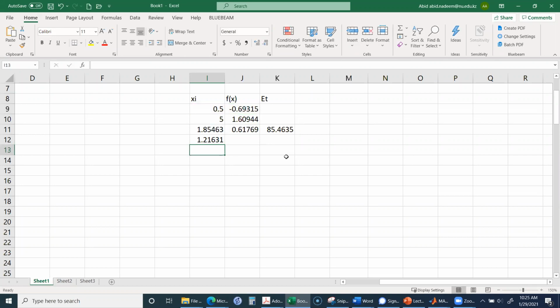Okay, so now I apply this and I get this value, and the true percentage error is now about 21%. You can see that the true percentage error is decreasing, but not very rapidly in this case.